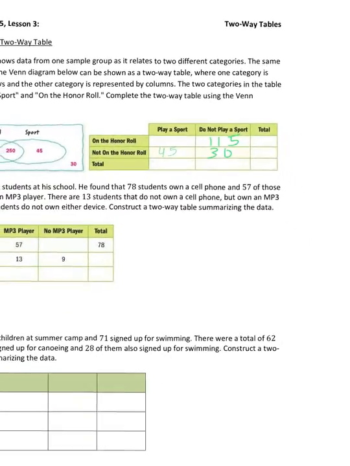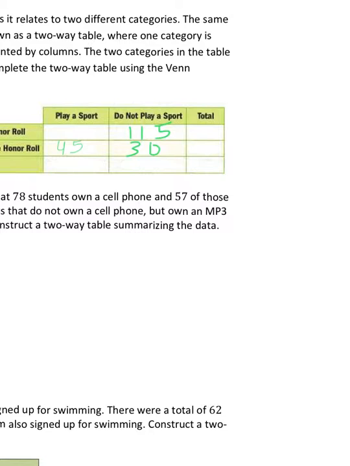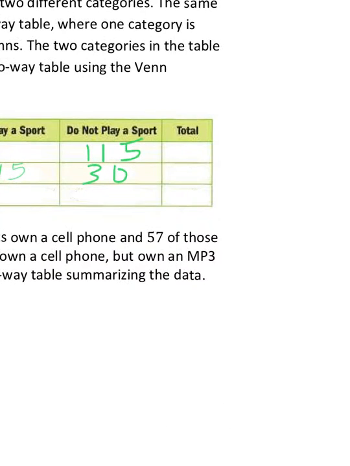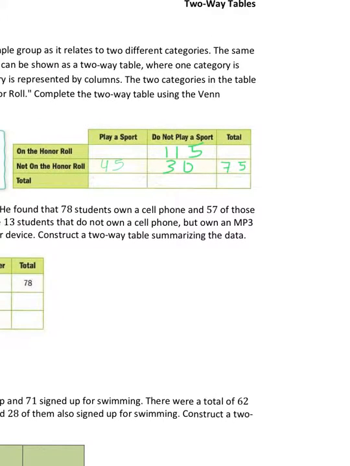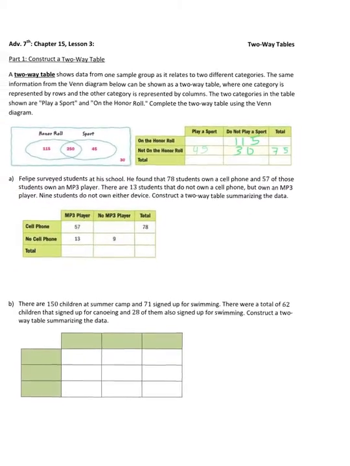All right, so let's see, how many students total are not on the honor roll? 75. So to get my total by row, I'm adding across the x-axis, per se. I have students that do not play a sport as 115.